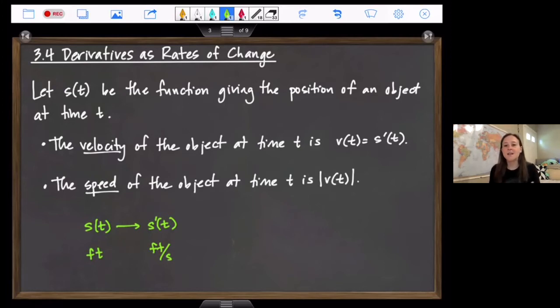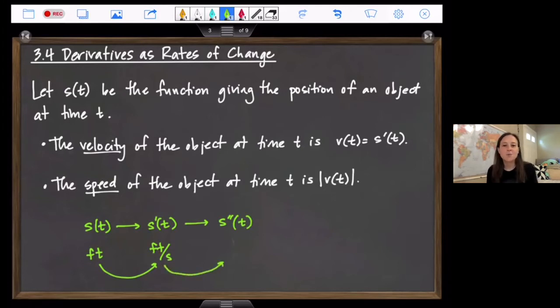Now, if I go and take a second derivative, so s double prime of t, that's going to tell me how fast the velocity is changing, right? When we took the first derivative, we went from feet to feet per second. Now, when I take the second derivative, that's going to tell me how fast the velocity is changing.